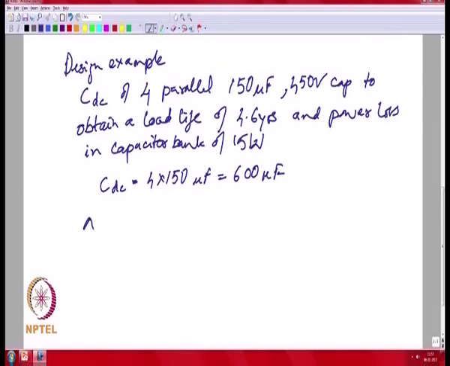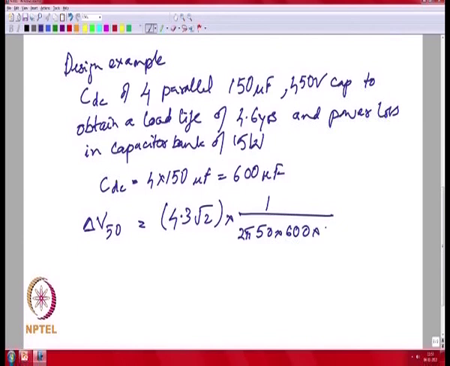If you look at the 50 hertz voltage ripple, we had 4.3 amps flowing per capacitor bank at 50 hertz times root 2 for the peak, and the impedance of the capacitor is 2 pi 50 into 600 into 10 to the power of minus 6. So, this is about 33 volts.